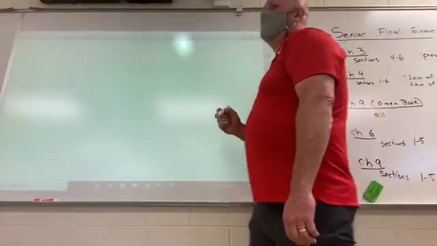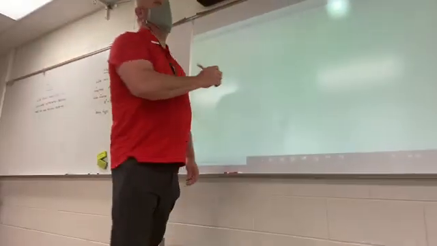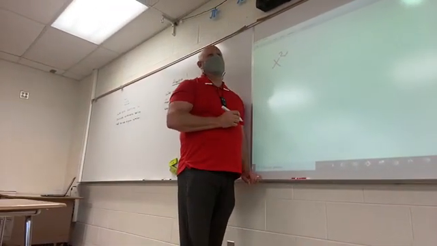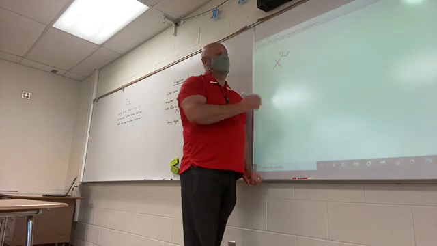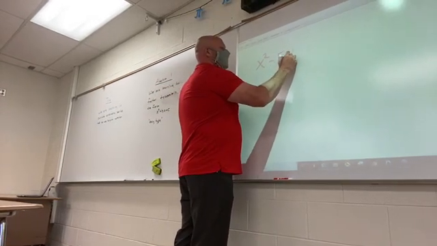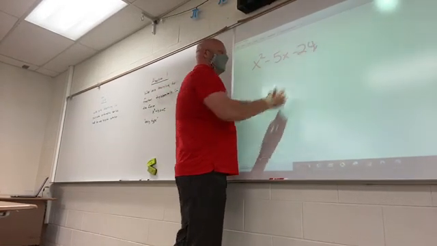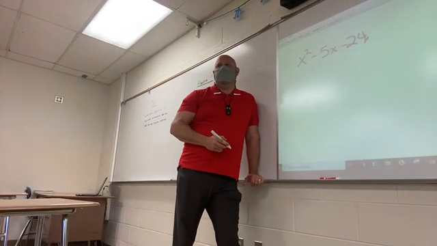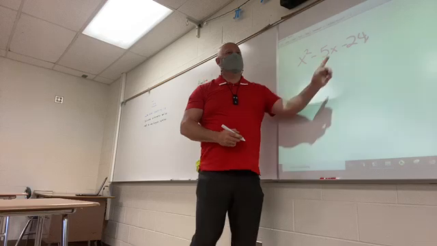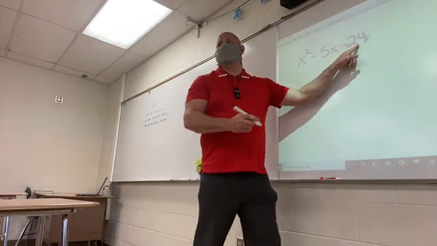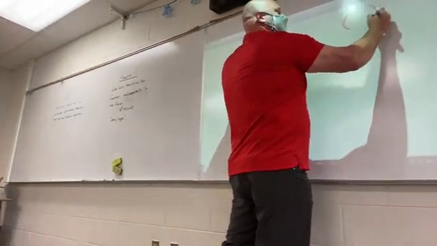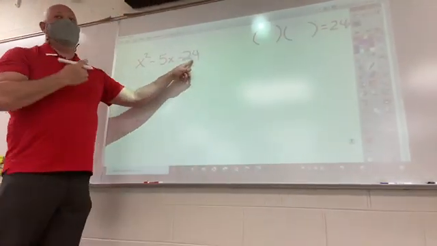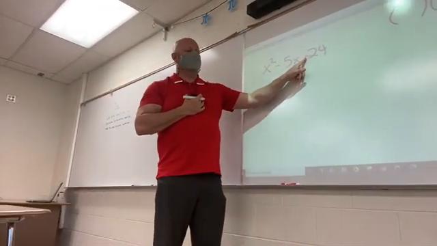What if I gave you a problem like x squared, how about negative 5x minus 24? What am I looking for here? I'm looking for two numbers that multiply to 24. And the way I would think of these, subtract.